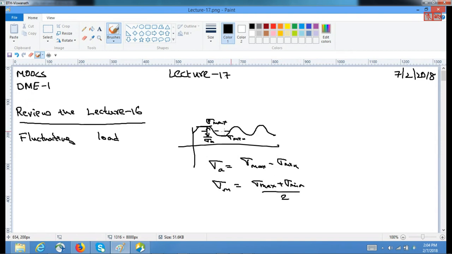So your average stress would be somewhere here, whereas maximum and minimum will be there.